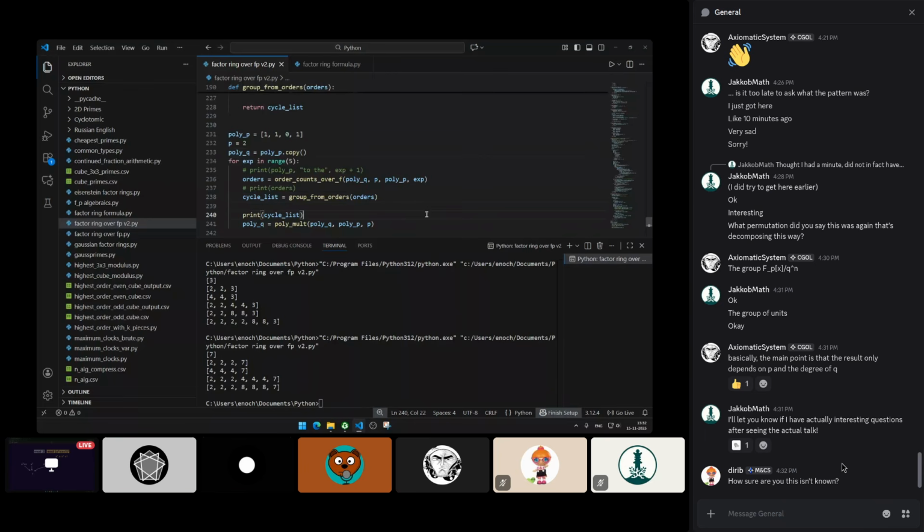Cool. So, yeah, I'm pretty sure that this is known. I just don't know by who or when. It wasn't known by me. Yeah, in general, modulus of polynomials, I'm assuming, is studied, but modulus of a prime of a polynomial?